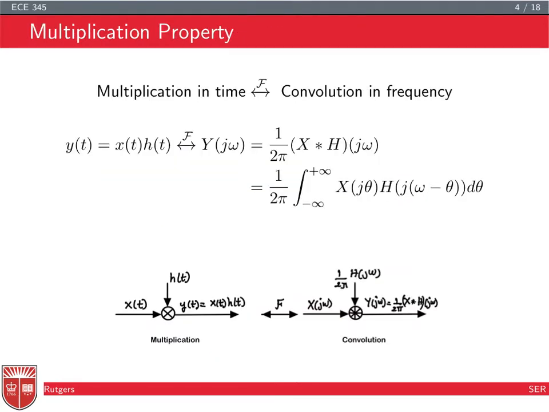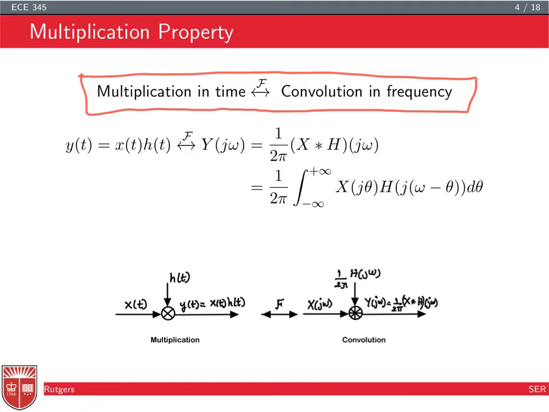Now, since we talked about duality in the previous lecture, what is the dual property here? The dual property is the multiplication property that says that multiplication in time domain is the convolution in frequency domain, with one caveat, that you have here a factor 1 over 2 pi.